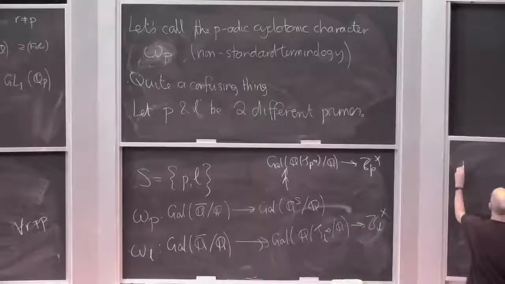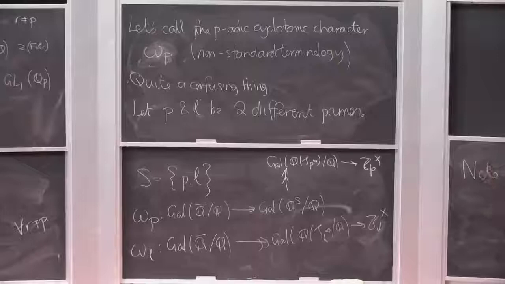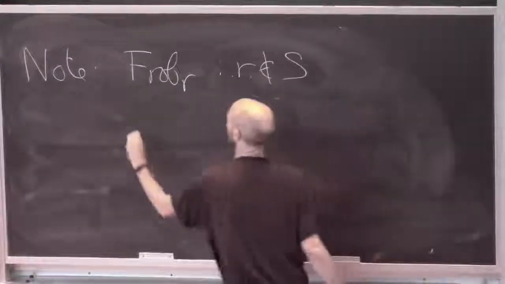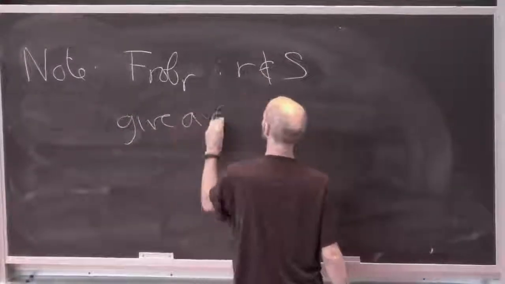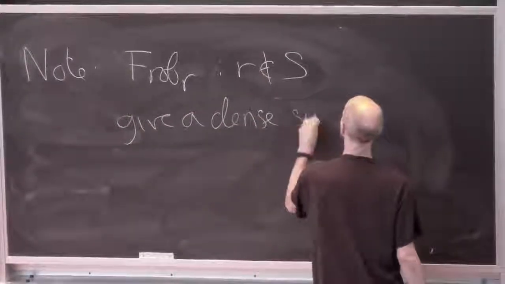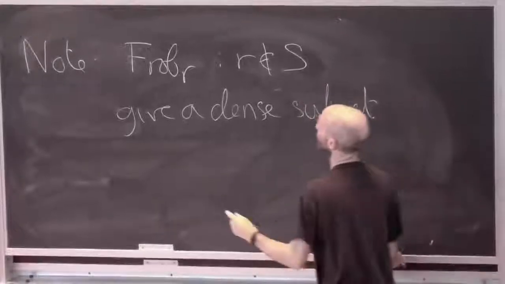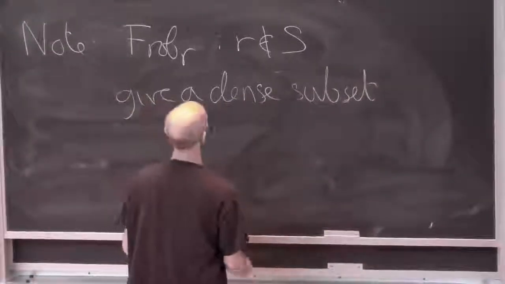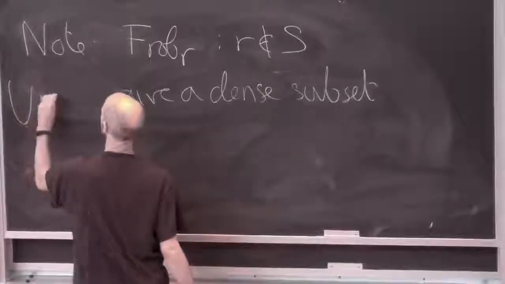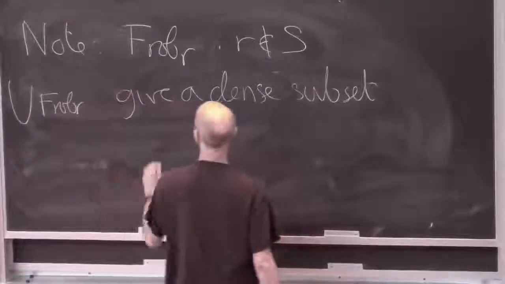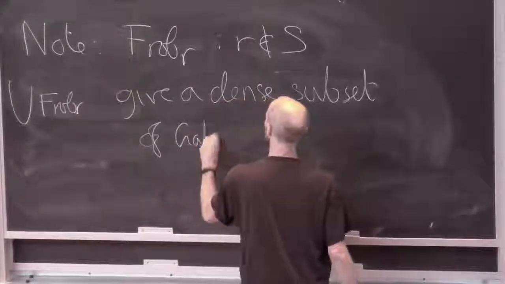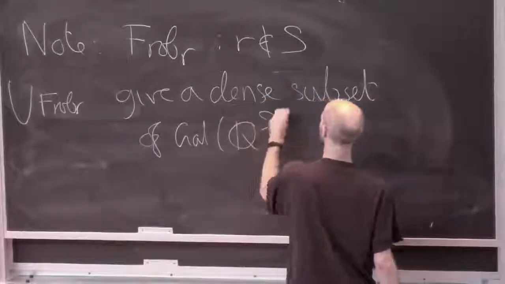So note that these Frob_r, for r not in S, give a dense subset. The union of these Frob_r's gives a dense subset of Gal(Q_S over Q).